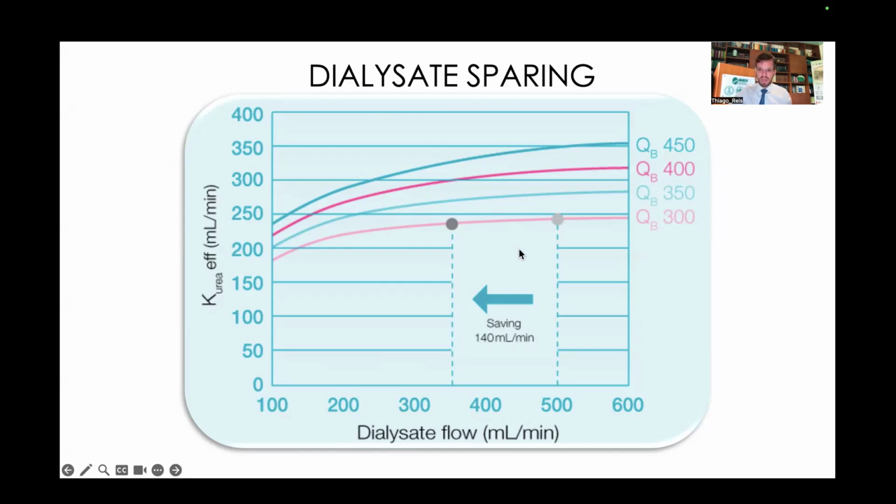Here on the right, we have different blood flows, and these curves represent different blood flows. See here in the curve representing 300 mLs per minute, if dialysate flow is 500 or around 350 mLs per minute, the urea clearance would be almost the same. So going further with a dialysate flow of 500, 600, 700 will not improve dialysis efficiency.